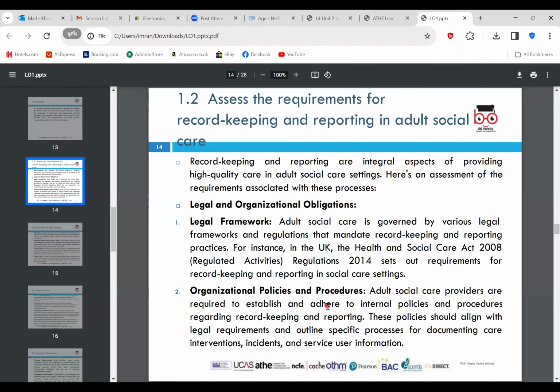Then you have organizational policies and procedures, where adult social care providers are required to establish and adhere to internal policies and procedures regarding record keeping and reporting. These should align with legal requirements, and they outline specific processes for documenting care, interventions, incidents, and service user information.